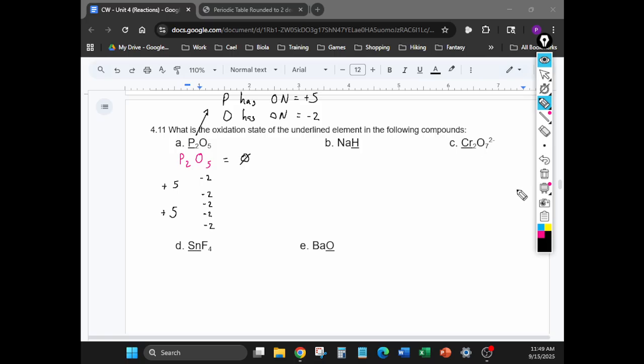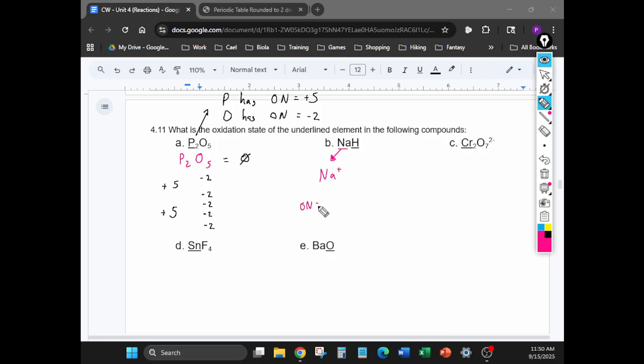Let's take a look at Na. This is an ionic compound because you got sodium bonded to hydrogen. What is sodium's most common ion? 1. So it's Na+. Now we talked about how the oxidation number of an ion is the charge, right? So if it's Na+, what's the oxidation number of Na? +1, exactly.